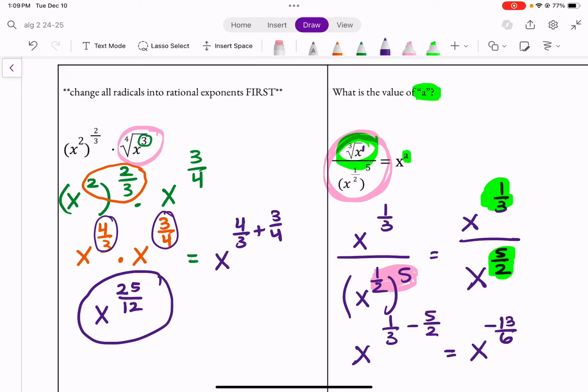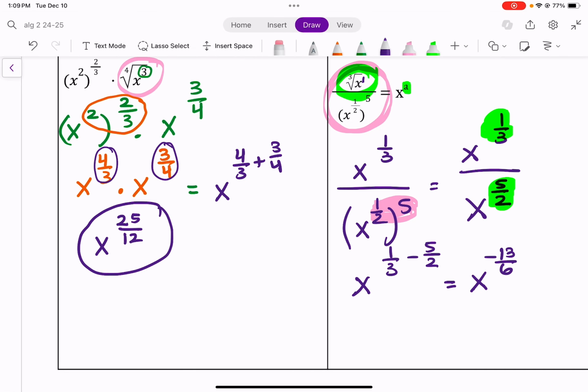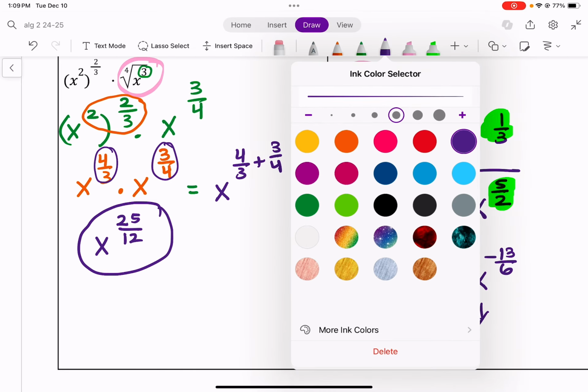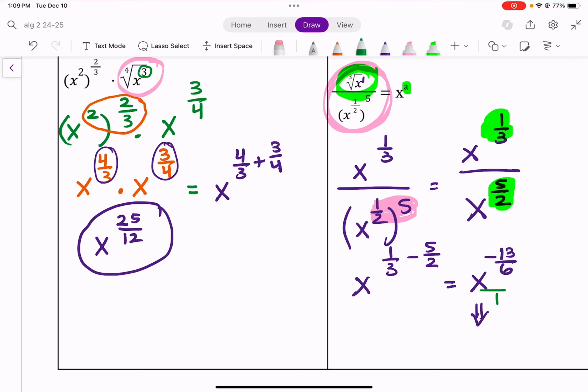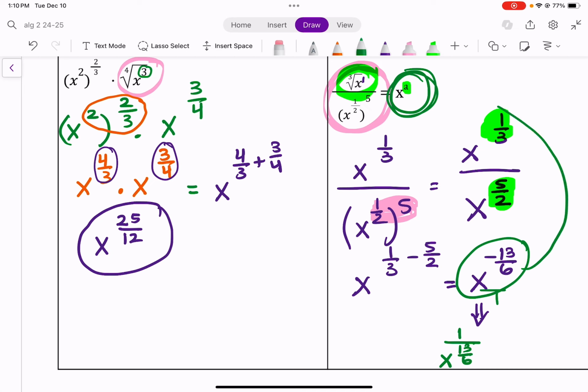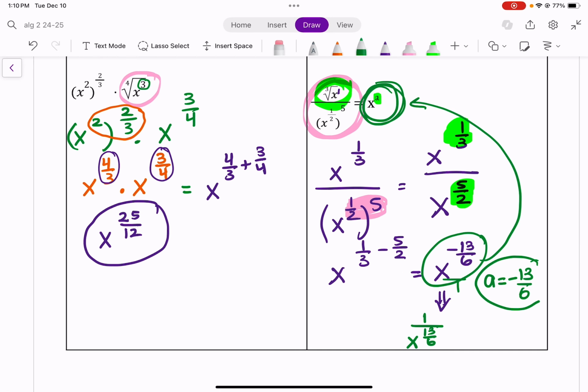And so usually what we would do now, this is technically over 1, so I would move this to the bottom. So this would usually be my final answer. But if you notice, they don't want it as a fraction. So if you look, my a is just negative 13 over 6, right? The exponent is negative 13 over 6, okay?